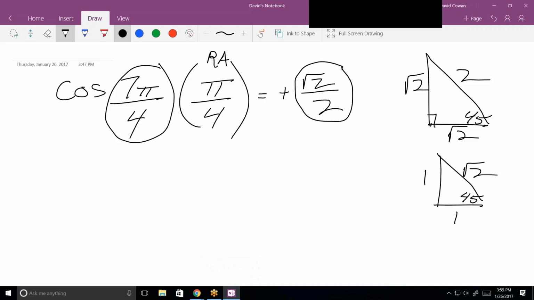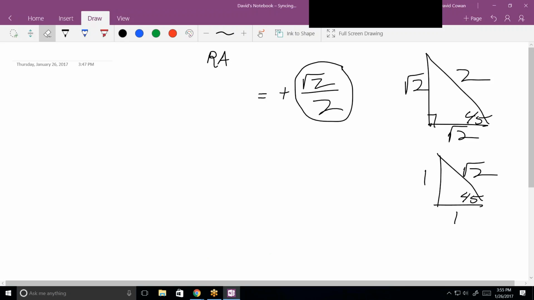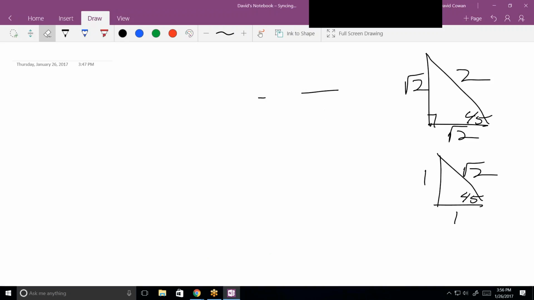The next one is negative 19 pi over 6. Which trig function? Oh, cosine, sorry. Cosine of negative 19 pi over 6.